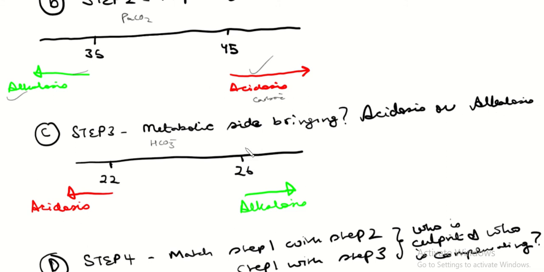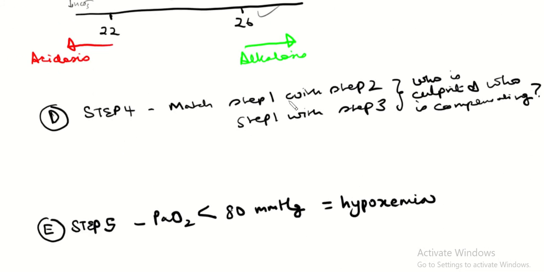If you have more bicarb, more than 26, it's bringing in alkalosis. If the bicarb is less than 22, it's bringing in acidosis. Got it? Step 4, match step 1 with step 2 and step 1 with step 3. This will tell you who's the culprit and who's compensating. Step 5, look at PaO2. If PaO2 is less than 80, you've got hypoxemia.